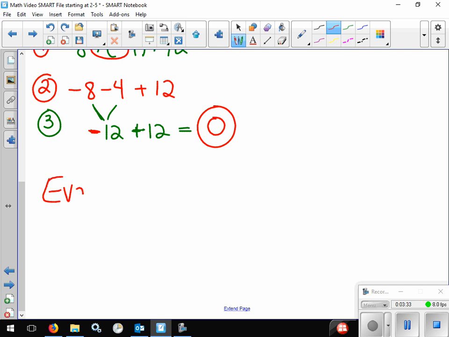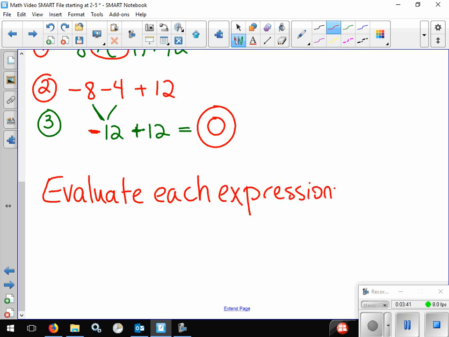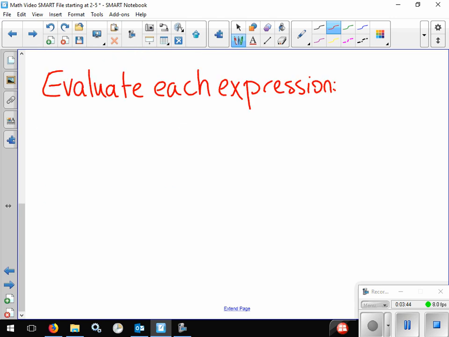If I tell you to evaluate each expression, write this down. You're going to say, what are we doing here? And I'm going to show you. So I tell you x is negative 10, y is 7, and then z is negative 8.